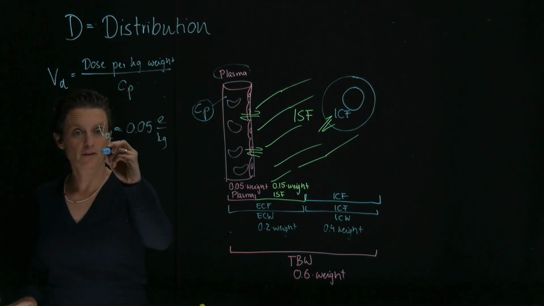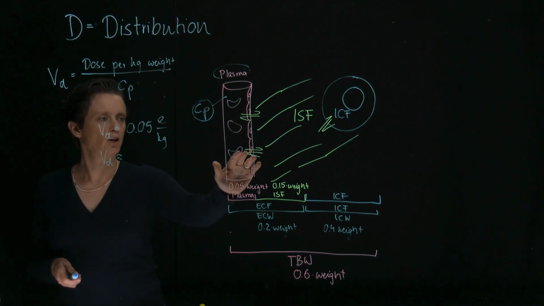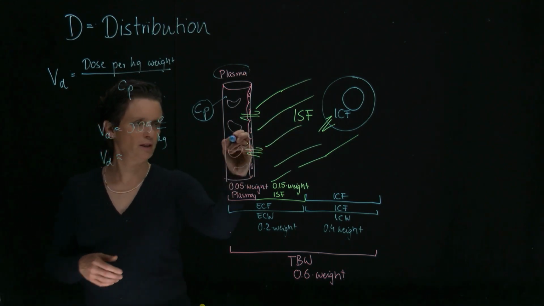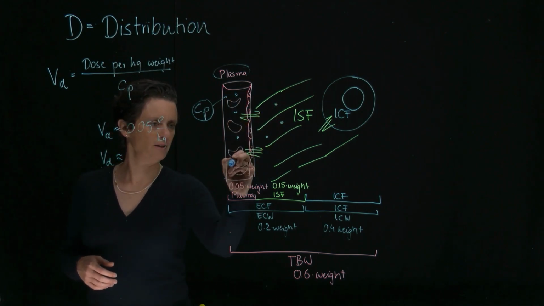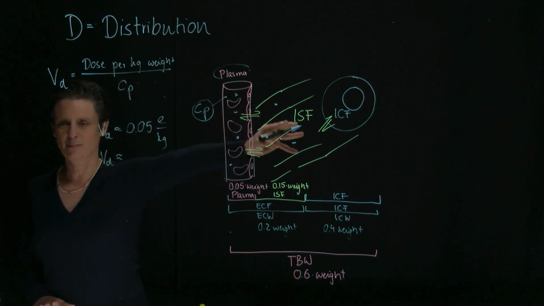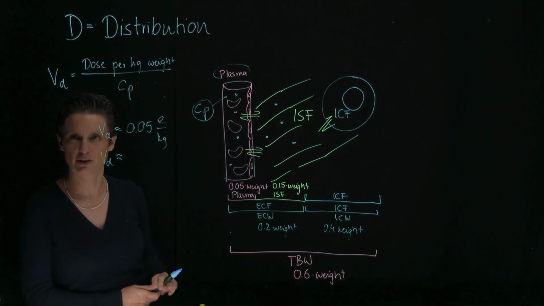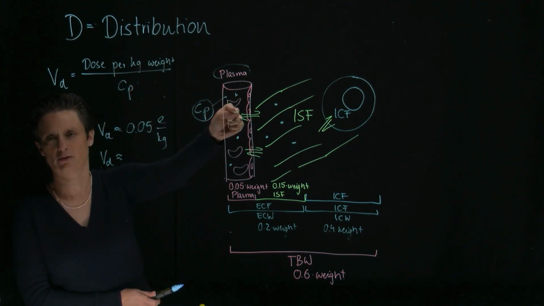Let's try this with a different volume of distribution. Let's suppose the drug got into the interstitial fluid. So it was distributed here, and then it also got here, so we have distribution between plasma and interstitial fluid. What do you think is going to happen to the volume of distribution? Well, let's look at this formula. Cp is the plasma concentration.